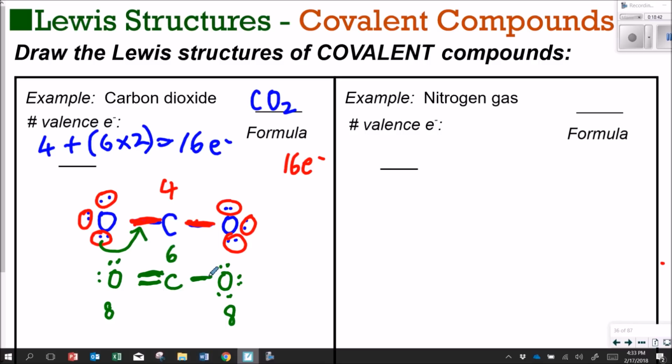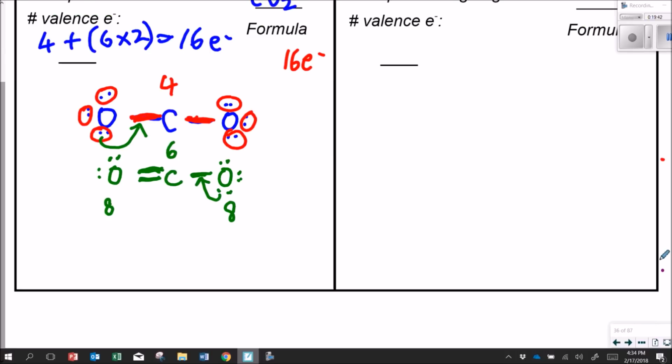So I'm going to take one more lone pair of electrons from oxygen and transfer it to the bonded area between carbon and oxygen. Now I can redraw my final structure. I will have a double bond here, and now this oxygen will only have 2 lone pairs, and I can redraw this one over here.